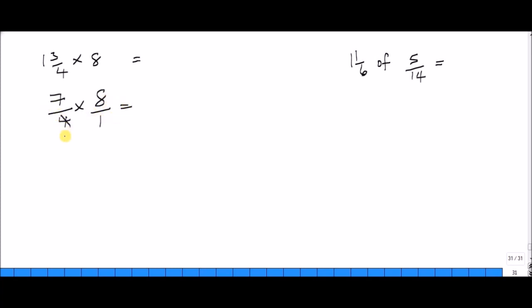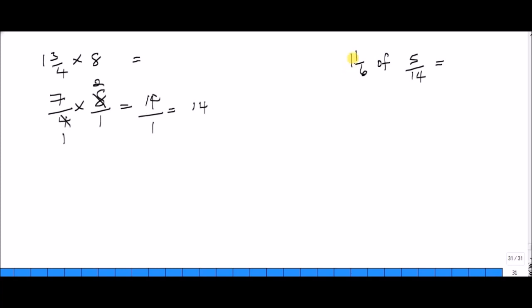So we say 4 into 4 1 time, and 4 into 8 2 times. Multiplying across, 7 twos will make 14 over 1 times 1, which is 1, and 14 over 1 is equal to 14. Of simply means to multiply.